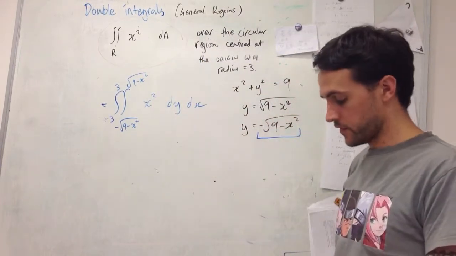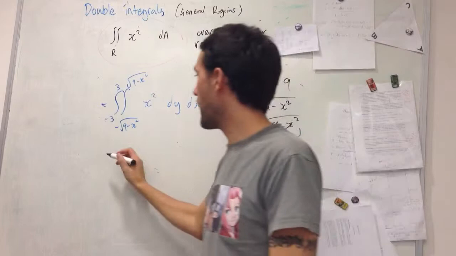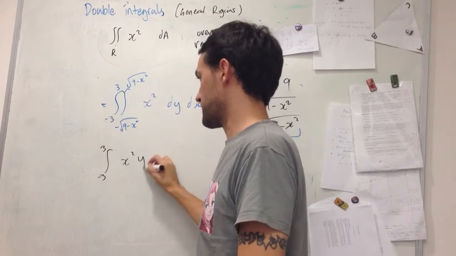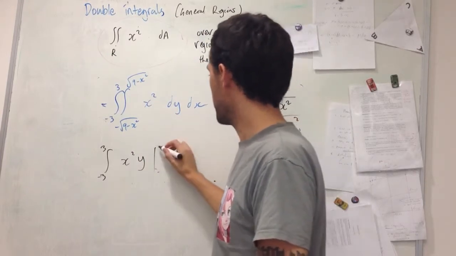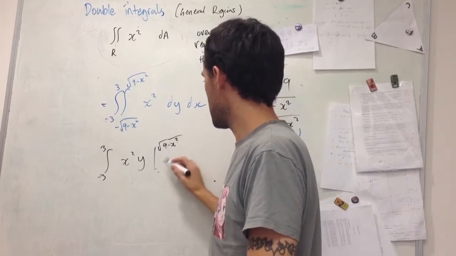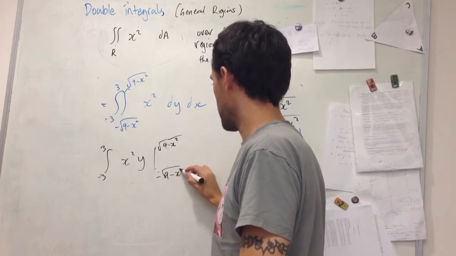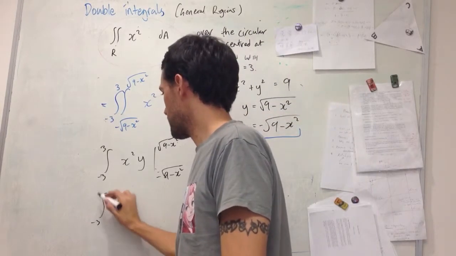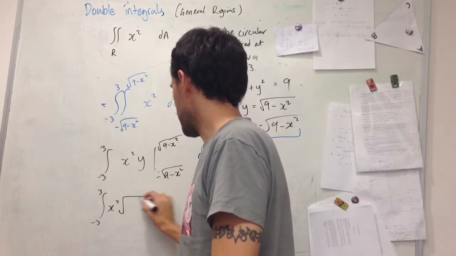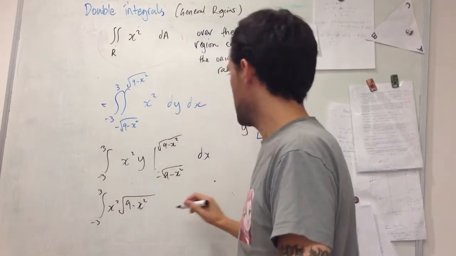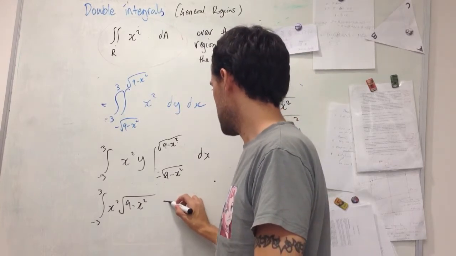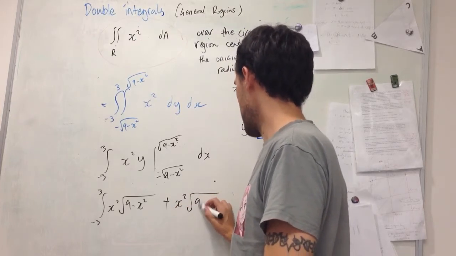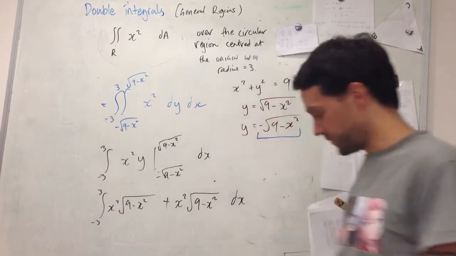So firstly, integrating with respect to y, I keep my negative 3 to 3 here, and I get x squared y over the region, square root of 9 minus x squared here, and negative square root of 9 minus x squared here, dx. Now, substituting this in, I have x squared times square root of 9 minus x squared, and then minus x squared times negative square root, so it becomes a plus, x squared times square root of 9 minus x squared dx.